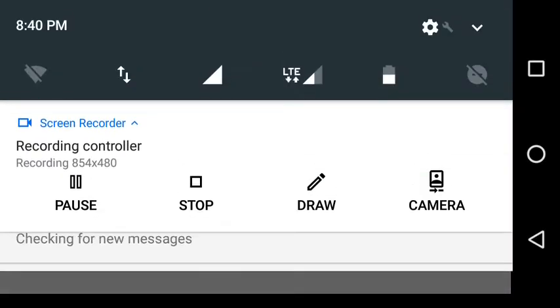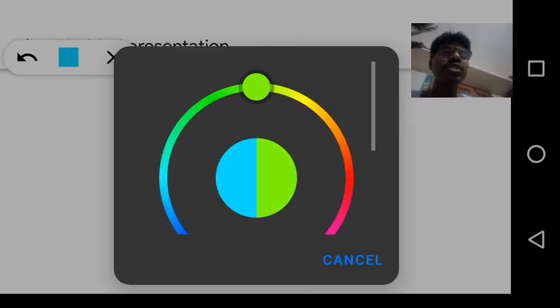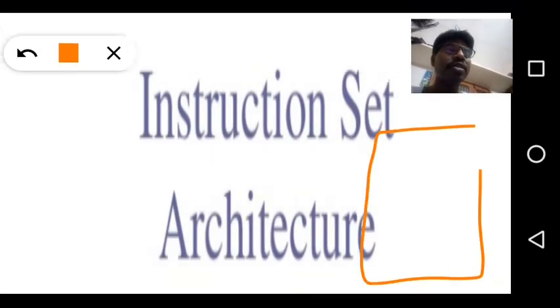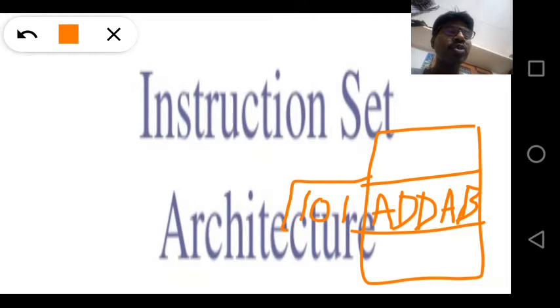The main memory takes this 101. Now this is my memory, and it has the instruction add a comma b at address 101. And this is my MAR and MDR, the memory address register and memory data register.